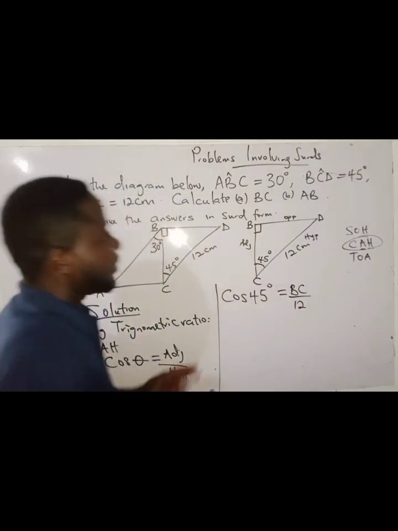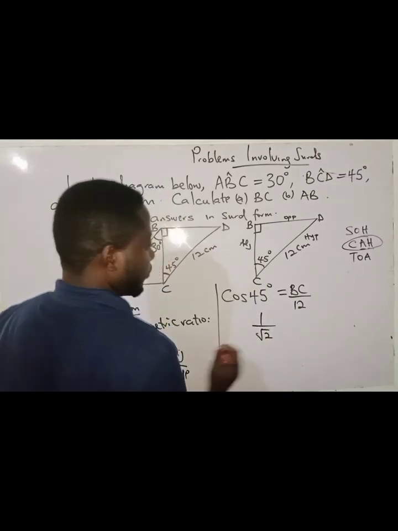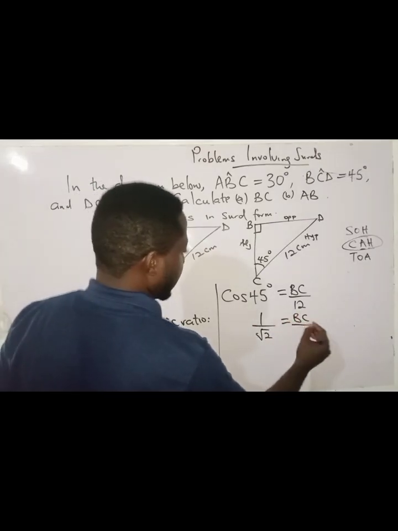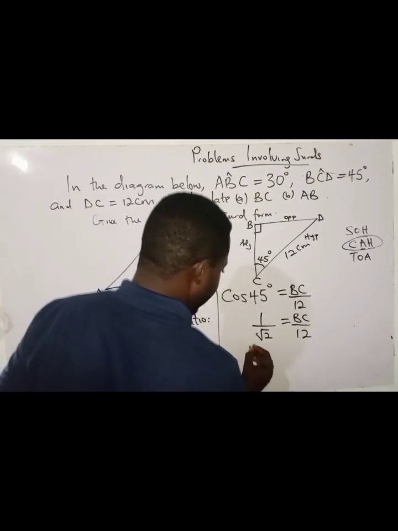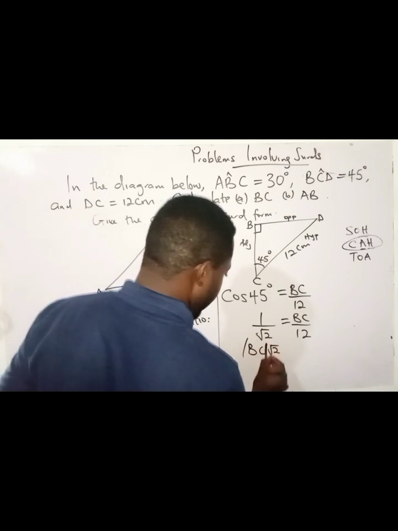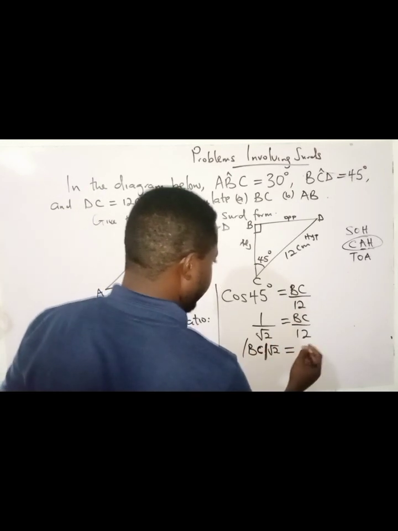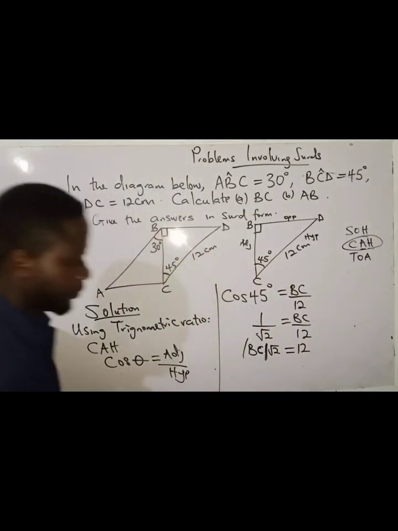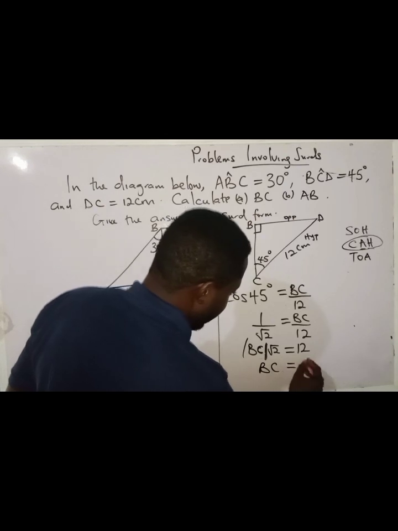Now, cos 45 in surd form is 1 over root 2, equals BC over 12. So let's cross multiply. We have BC root 2 equals 12 times 1, which is 12. Now we divide both sides by root 2, so BC equals 12 over root 2.